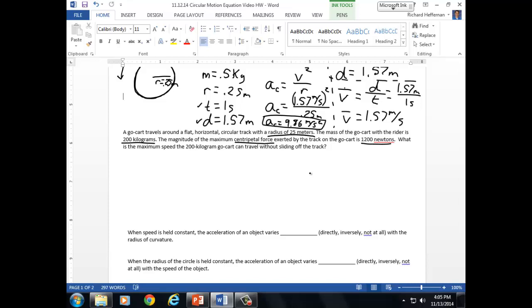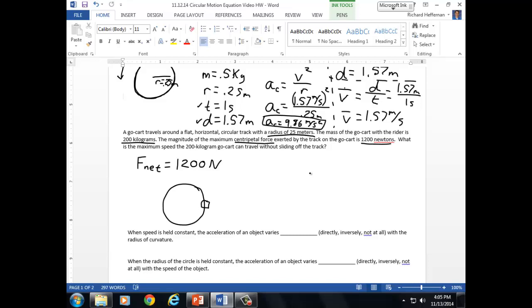Now, centripetal force is not some new force, it's just a net force that's pointed towards the center of the circle. So when it says centripetal force, really what we know there is F net equals 1,200 newtons. Now this is talking about a go-kart rounding a circle, so I'm going to draw my circle here. Here's the top view of my go-kart. There would be some normal force coming out of the screen, holding the go-kart in place, because this is a bird's eye view, and there would be a force of gravity going into the screen.